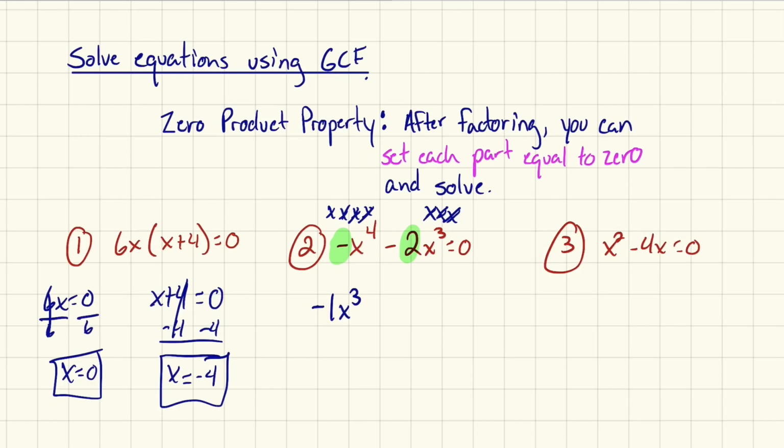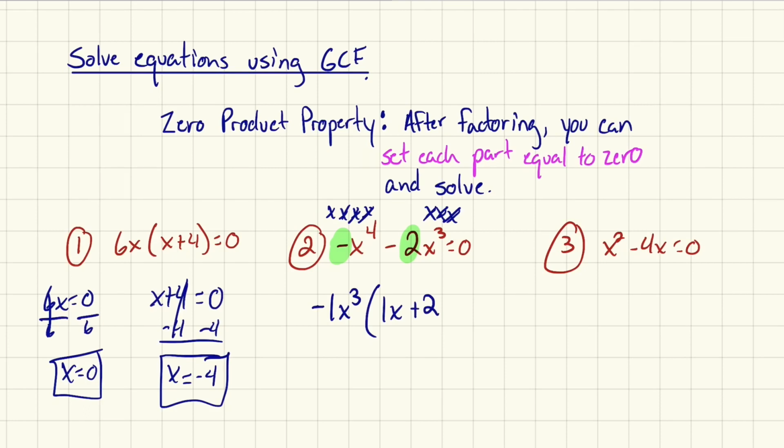What's left over? Well, negative 1 times 1 is negative 1 for the first term. X to the third times x is x to the fourth. And then we have negative 1 times 2, and that's negative 2.